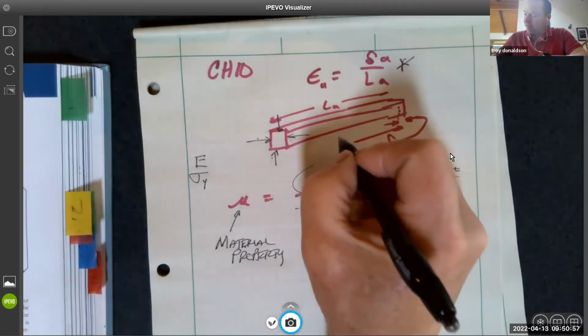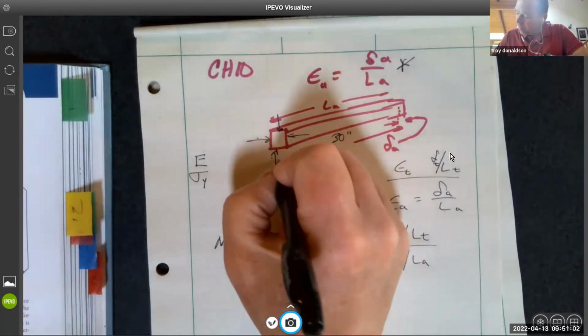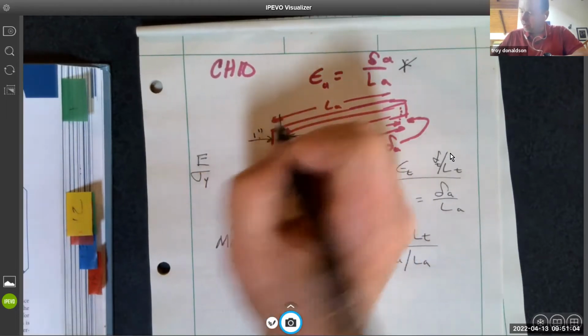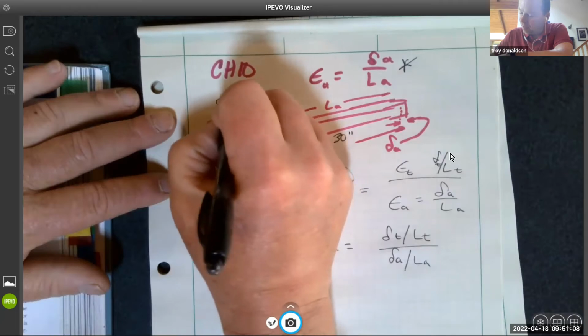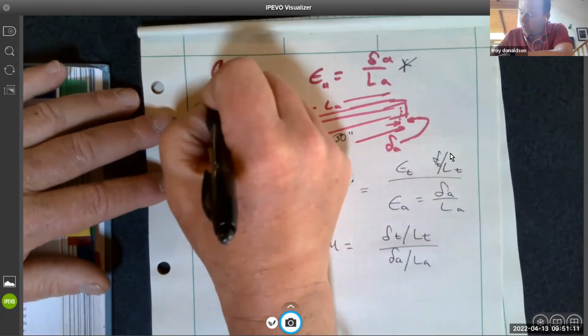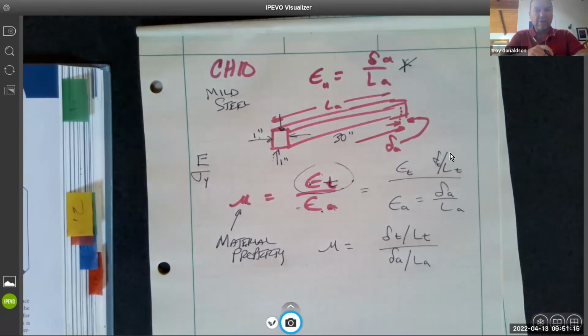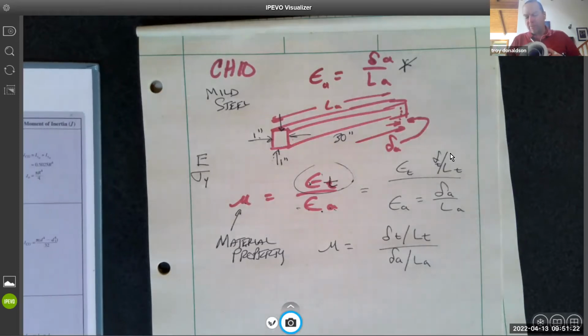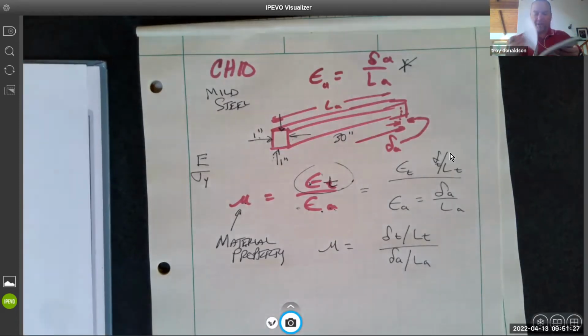Where if we're given this, let's say this is 30 inches, and we'll say this is 1 inch by 1 inch, and we'll say this is steel. We'll just say it's mild steel, which is the 36,000 yield steel, we should be able to start putting some numbers in here. So I'm going to look up Poisson's ratio for mild steel. That's going to be in the common materials here.